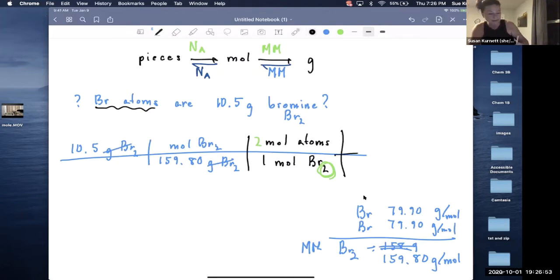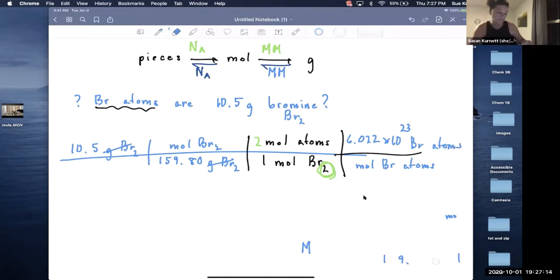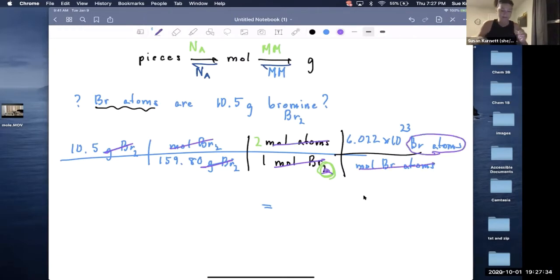And then I need to continue on and go from moles to pieces. Okay, so grams of the molecule canceled. Moles of the molecule canceled. Moles of atoms cancels, and we're left with just bromine atoms.